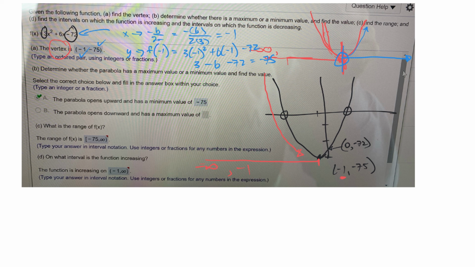So where's that saying that? Oh, the function is increasing on, and they want to know where it is. So it's increasing from, oh, that looks right, because from negative 1 all the way to positive infinity, the graph is going up.